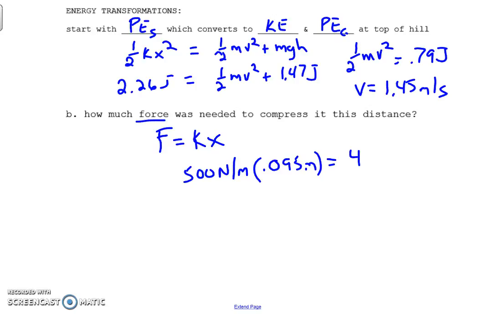Okay, hopefully you got 47.5 newtons. Technically, it's negative, opposite the displacement of the object. All right, so we'll do some more practice with this and combine it with everything we know, and we'll have a much better picture of how energy transforms with this addition.